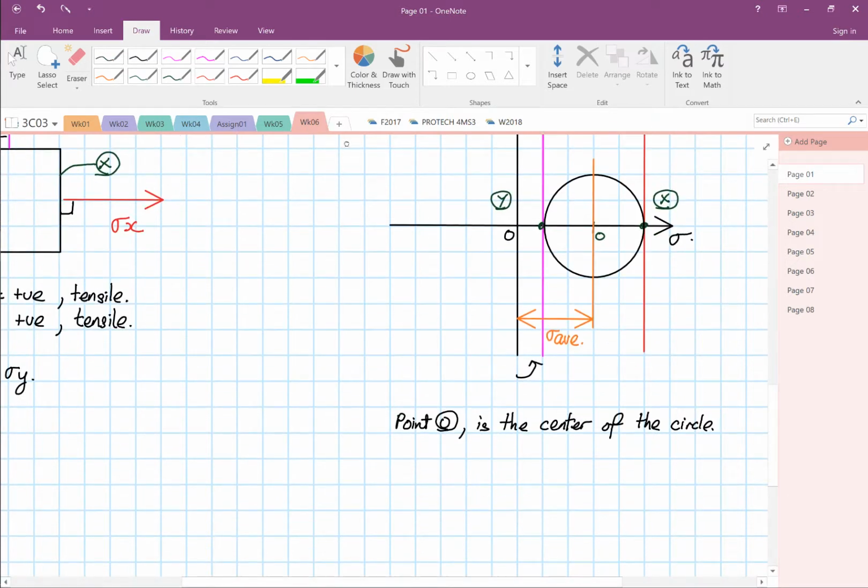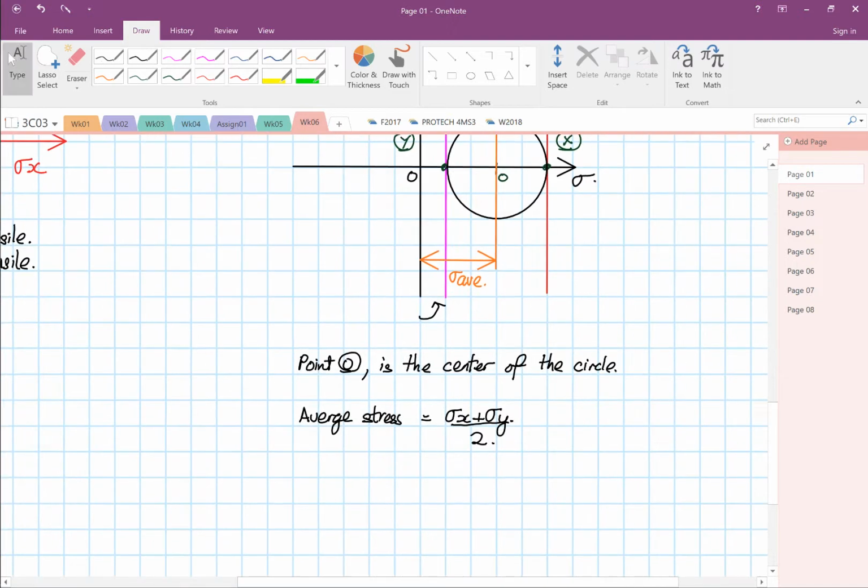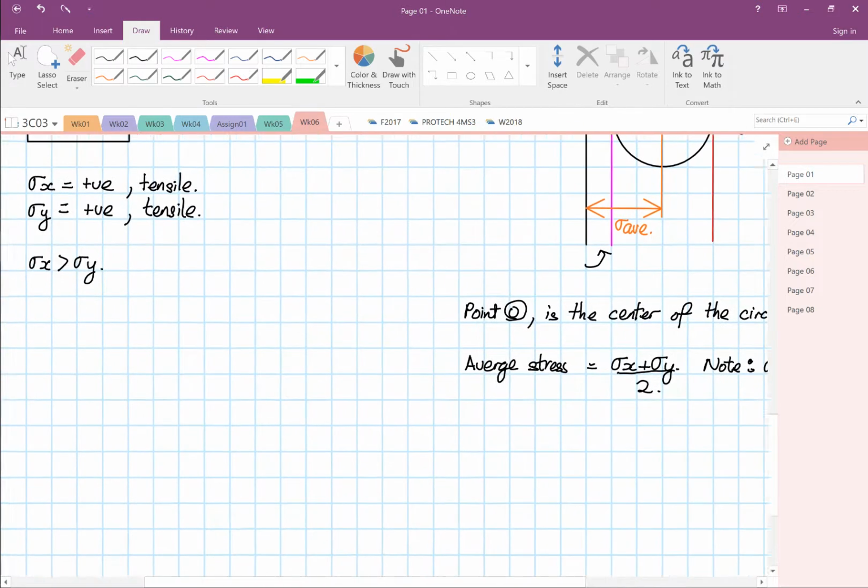If you look at how to calculate average stress, your average stress will be equal to stress X plus stress Y, divided by 2. Note that stresses are vectors, so they have direction. So take note. Later on I'll show you an example.